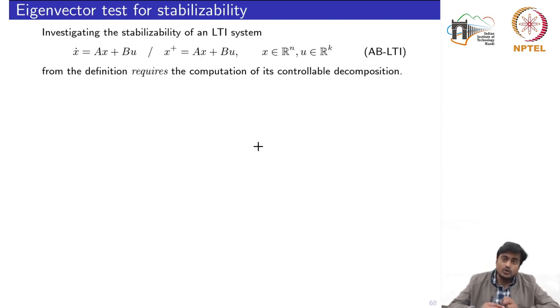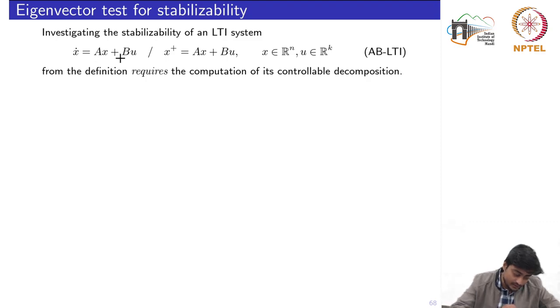So if we do not want to do these two steps, we are now interested in computing directly whether the system is stabilizable or not. Okay, so these three tests which we spoke about in the outline ensure that without even decomposition we can carry forward those tests for stabilizability.